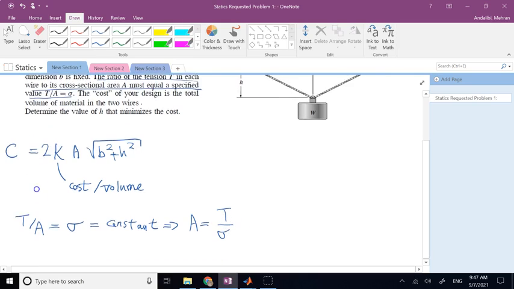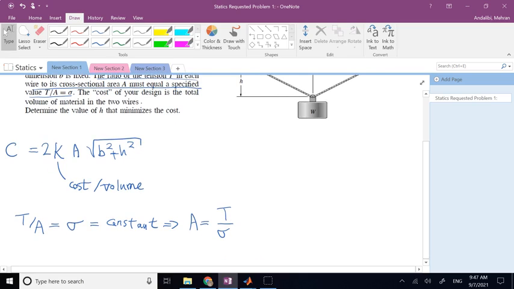And now your sigma is constant. What is sigma here? Sigma is tension per cross section, right? Which, as you know, this is the stress in the rope. This is the force, this is the cross section.